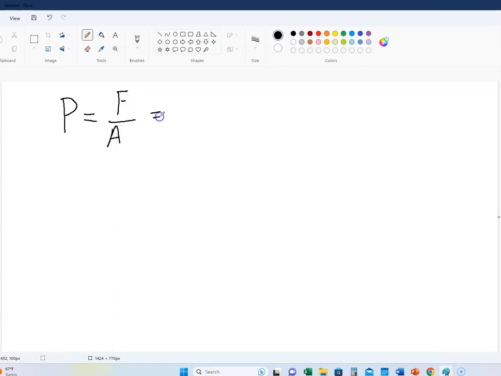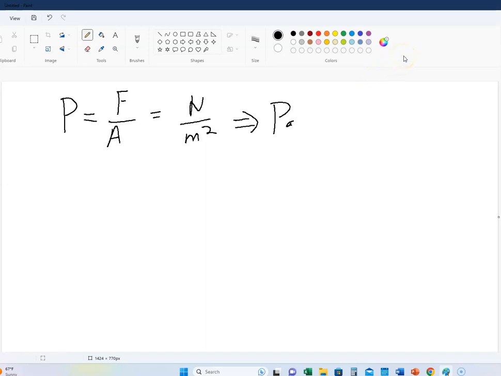The force is measured in newtons, and the area is measured in meters squared. And that actually has its own unit. A newton divided by a meter squared is called a Pascal, after the French mathematician and scientist Blaise Pascal. So it's capital P, lowercase a. So those are units of Pascal.